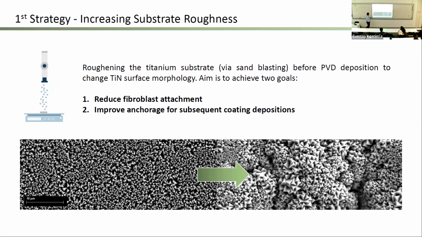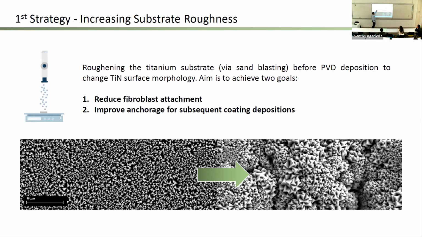And one strategy was to roughen the substrate, in this case titanium 6-4, prior to the deposition of the porous TiN coating. And this roughening of the substrate prior to deposition of TiN was done for two aims.